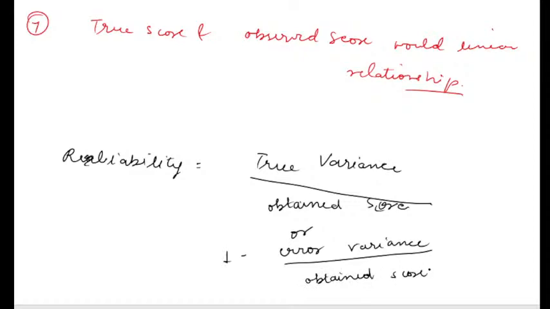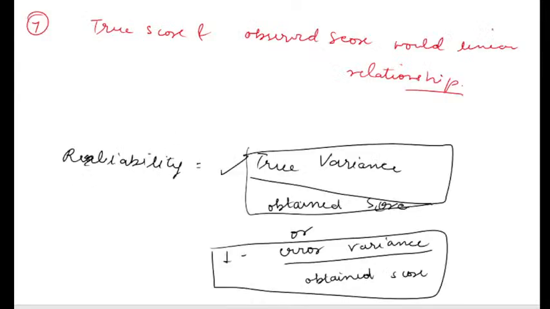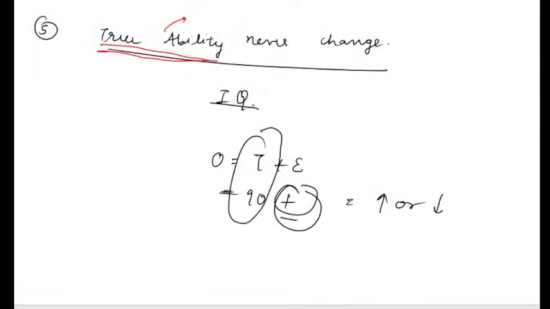So these are the two formulas for calculating reliability, which have been derived by this classical test theory, right? There is a whole derivation. I'm not going to do that whole derivation, and you would not even be asked for it. You should just know that the observed score is equal to the true ability plus the error made by the particular person.